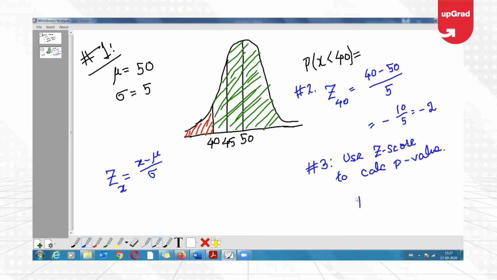So the p-value is... now what is p-value?